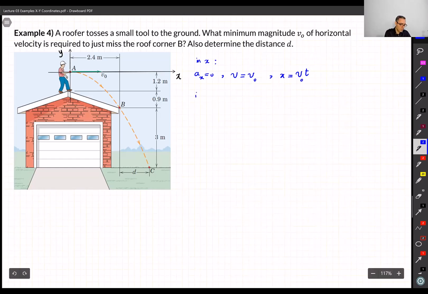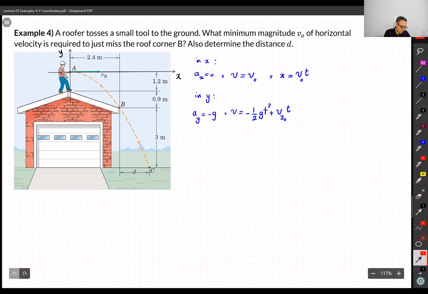What do we know about the Y direction? In the Y direction, we know gravity is constant, and we have a formula, right? Half of acceleration times t squared plus initial speed. Be careful here, the initial speed has to be in the Y direction, vy0 t, which we don't have here, right?